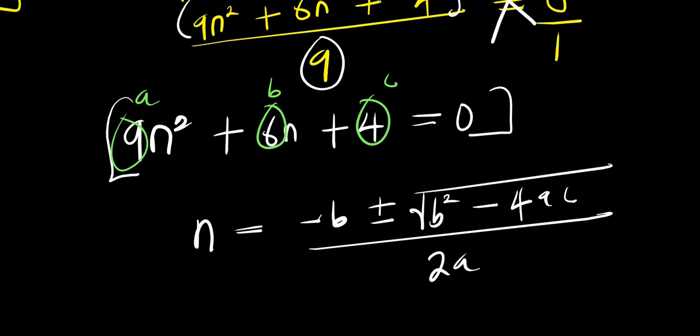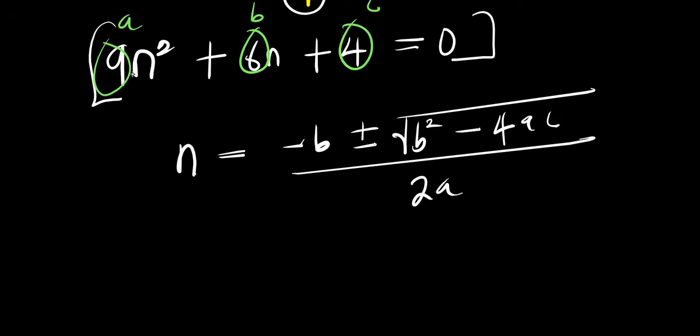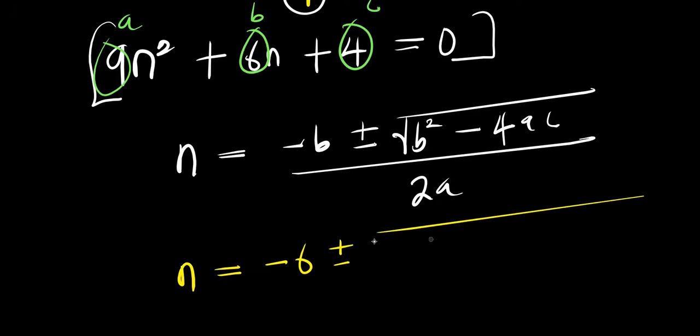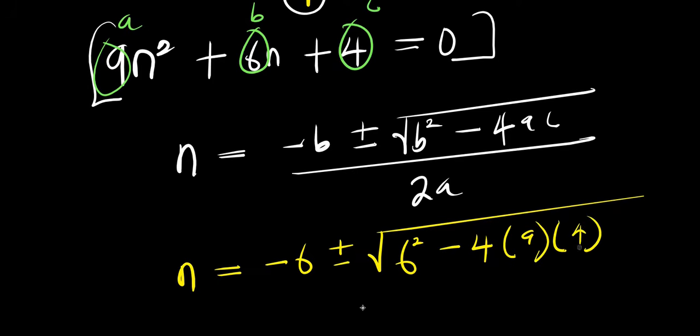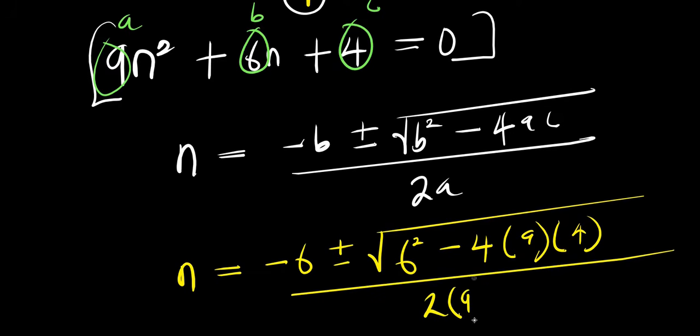And 4 is c, which is the constant. So we insert the values: n equals negative b, that is negative 6, plus or minus square root of b squared, that is 6 power 2, minus 4 times a, that is 9, times c, that is 4, divided by 2 times a, that is 9.